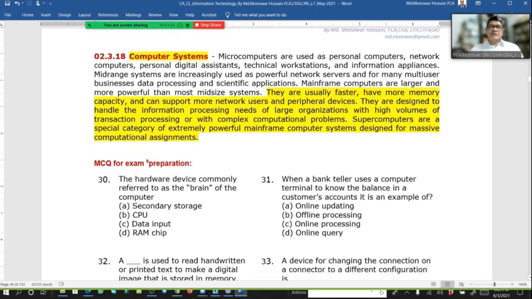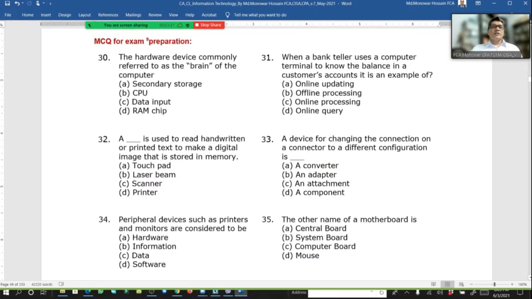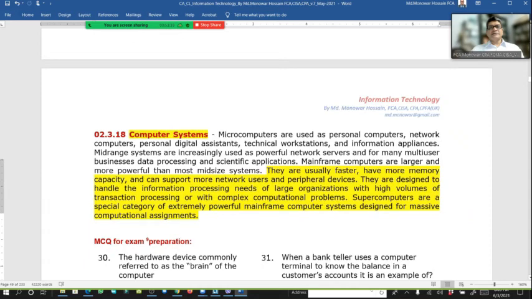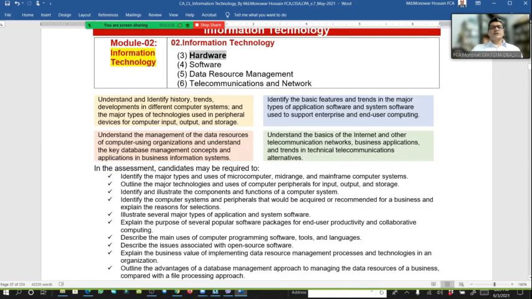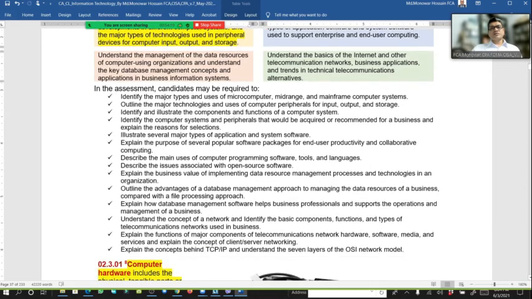If you look at what we discuss here, we discuss hardware, and we understand the history of hardware, its trends and development, storage, input, output. Here we identify the major micro, mid, and mainframe computers. We identify the computer peripherals: input, output, storage, computer system, etc.